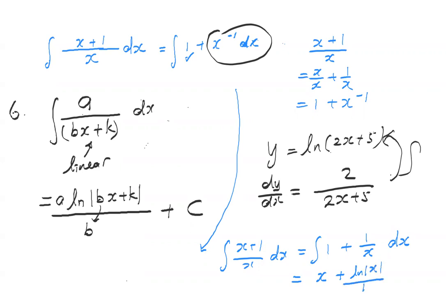I purposely write down divided by 1 because the coefficient of x is 1. I'm reminding myself I have to divide by the coefficient of x. Equal to x plus ln x.